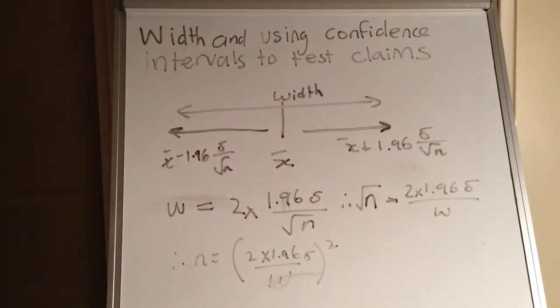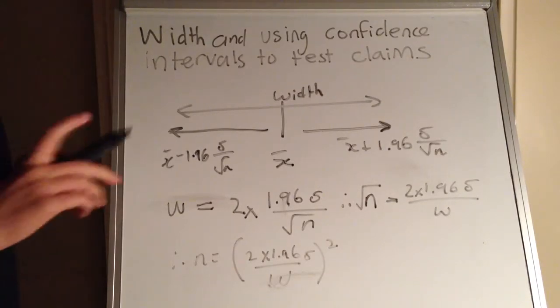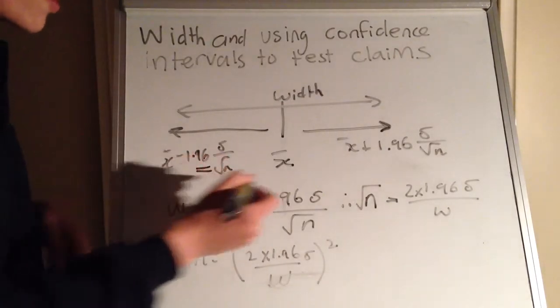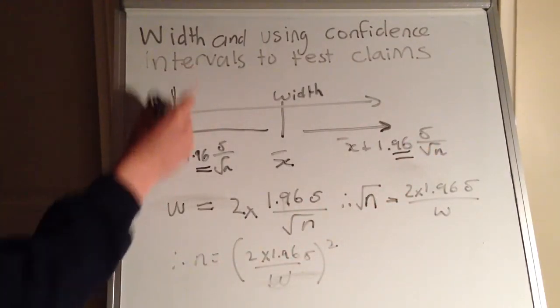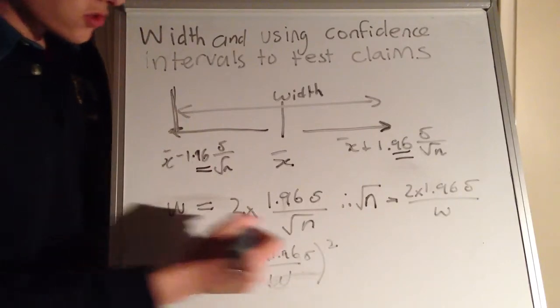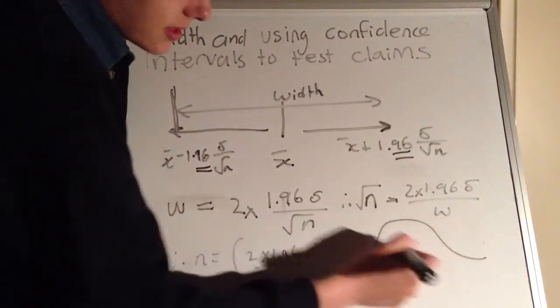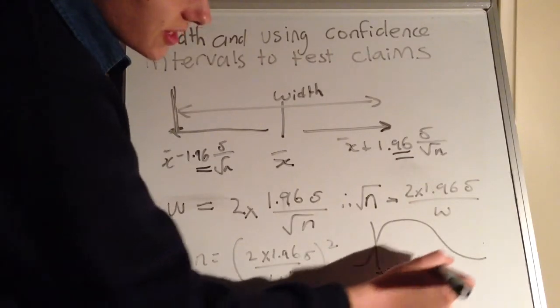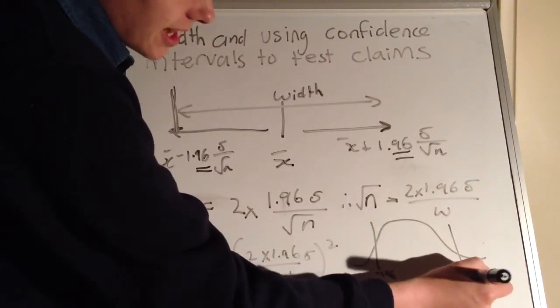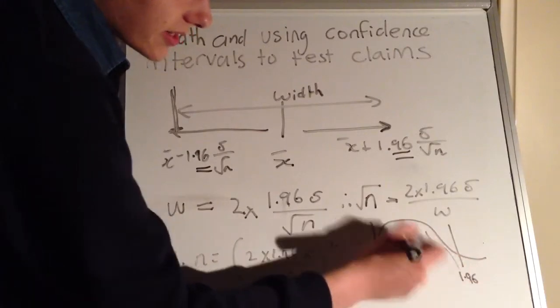Okay, so what we want to look at here is a 95% confidence interval. And as you can see on the board, we're using the value that I discussed in the last video, 1.96. The width is essentially from the lower point. If I were to draw a distribution up here, it's from the lower limit, negative 1.96 as a z-score, to the upper limit with a z-score of 1.96.